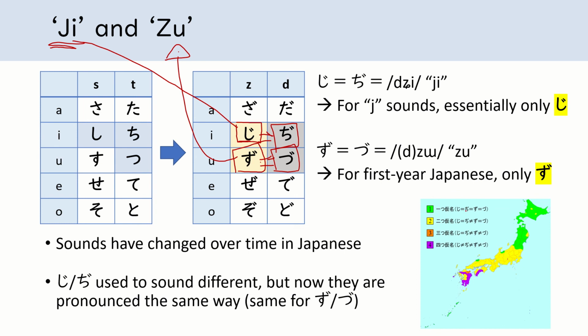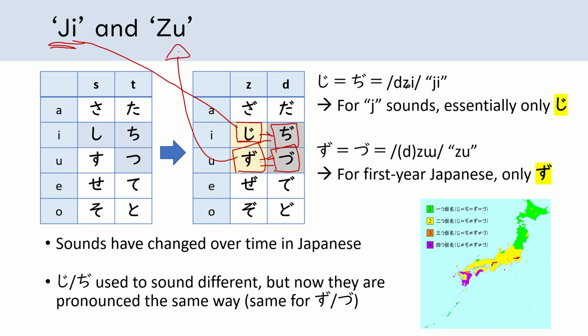So you can see right here, in some parts of the country, in the local dialect, this is not standard Japanese, but in the local dialect of the green part of the country, actually all four of these are pronounced the same way. In Tokyo, so this yellow part includes both Tokyo, which is right here, or Osaka and Kyoto and a bunch of other places.